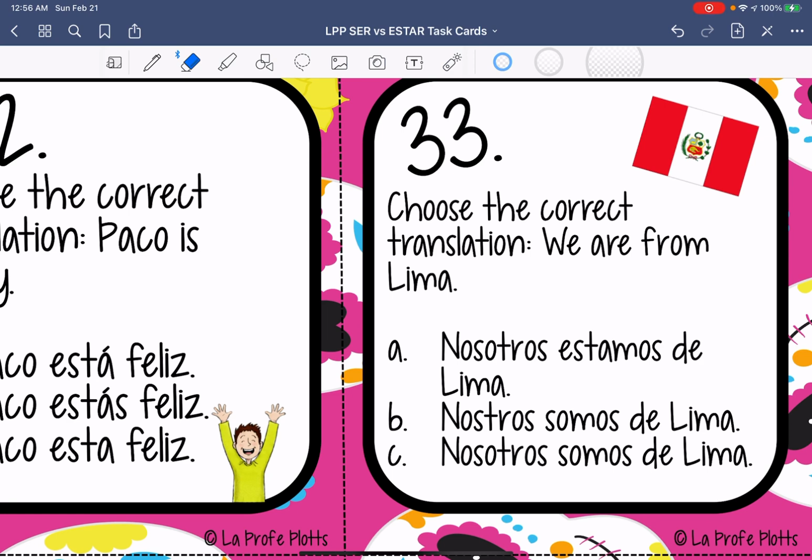We are from Lima. A, nosotros estamos de Lima. B, nosotros somos de Lima. C, nosotros somos de Lima. Make sure that we're reading and looking for mistakes. Some of these are a little hidden. Okay?